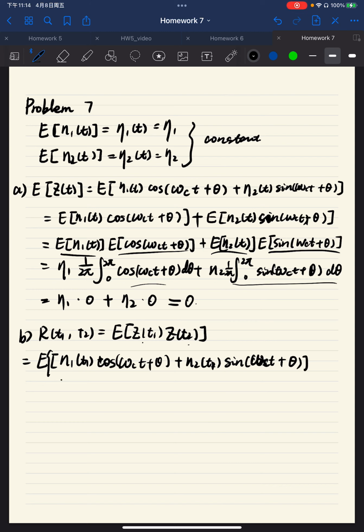And this part is multiplied by the same expression substituted with t2, as N1(t2) and so on. Since we have plus and times, it can be separated into four parts.